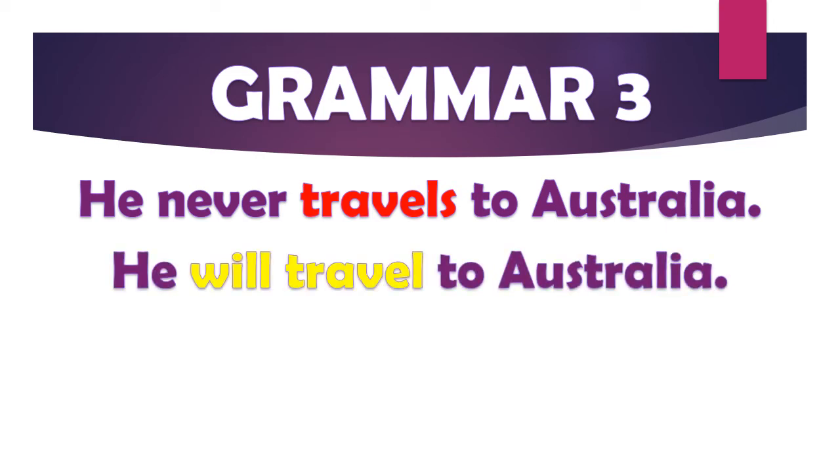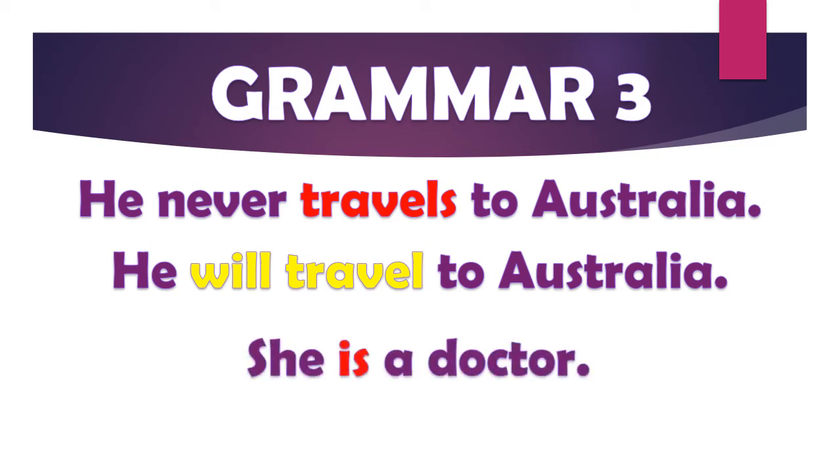But if we use will for the future, we say he will travel to Australia. As you can see, I use the structure will and V0. The V0 of the verb travel is travel itself. We cannot add an S to the verb, okay?